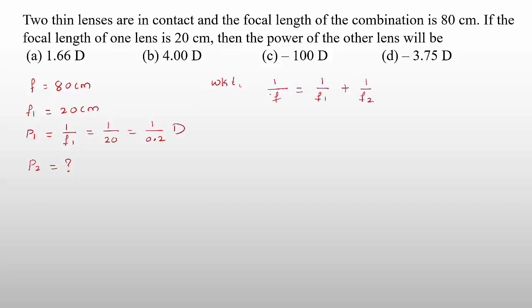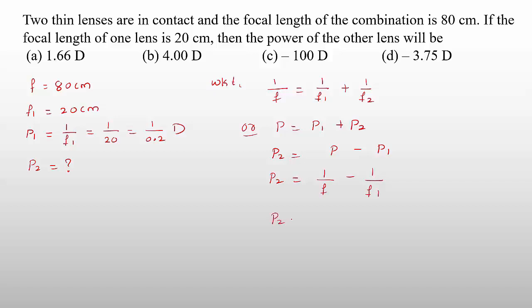This is for a combination of thin lenses in contact, or we can write it as P equal to P1 plus P2. Now substitute the values. We want the P2 value. So P2 equal to P minus P1, that is 1 by F minus 1 divided by F1.